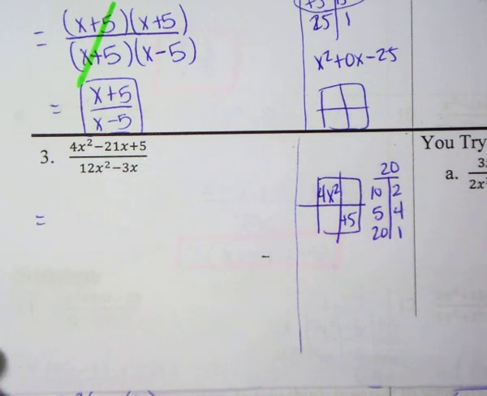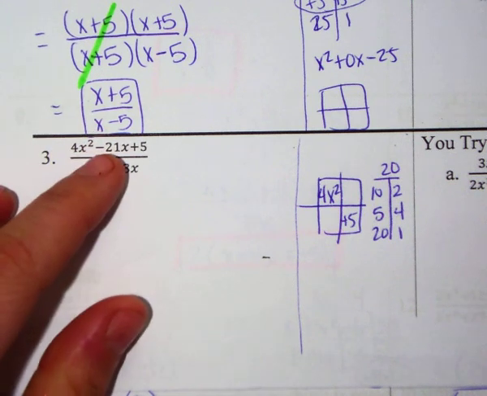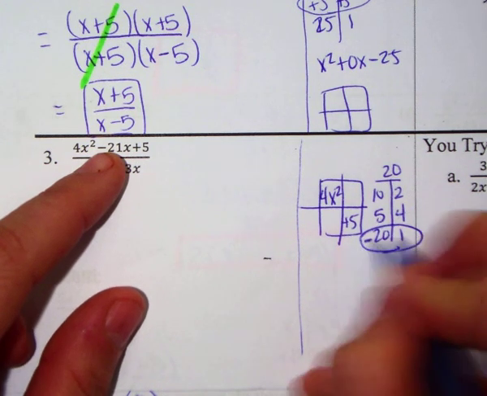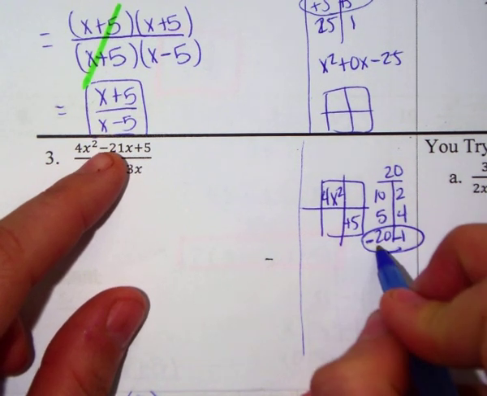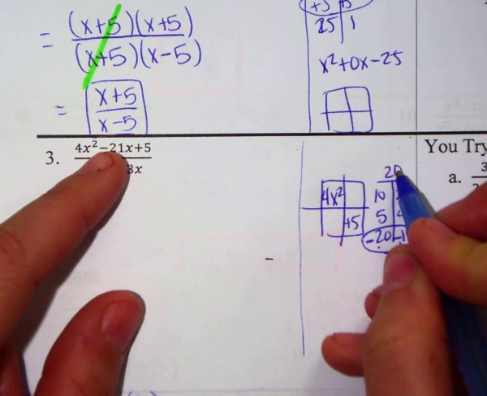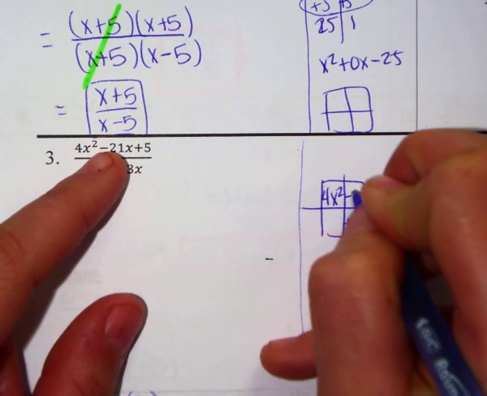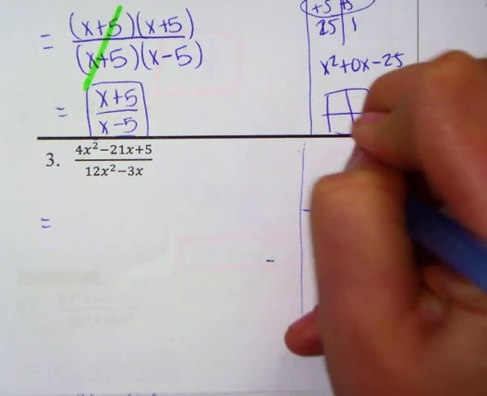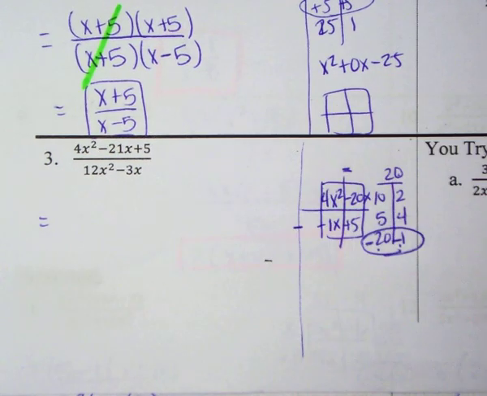I'm looking for the two numbers that multiply together to give me 20, or sorry, combine to give me negative 21. 20 and 1 will do that if they're both negative. Also, negative 20 times a negative 1 is a positive 20, so we're good. Negative 20x, negative 1x. First, I'll take the signs out. Then I'll take the GCFs.